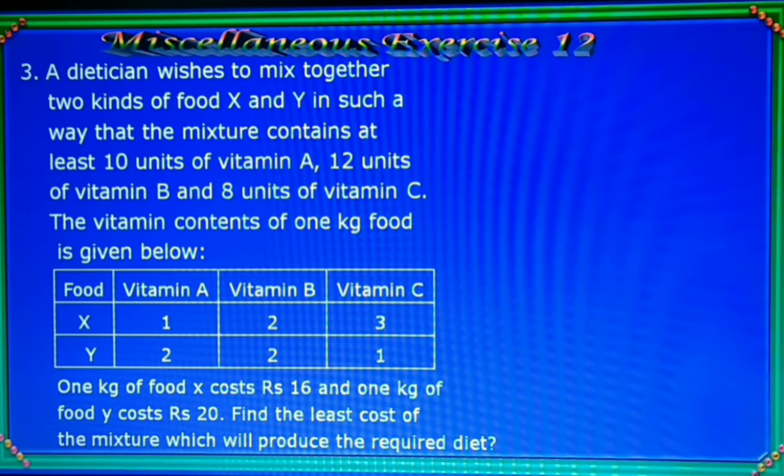Food X contains 1 unit of vitamin A, 2 units of vitamin B, and 3 units of vitamin C.